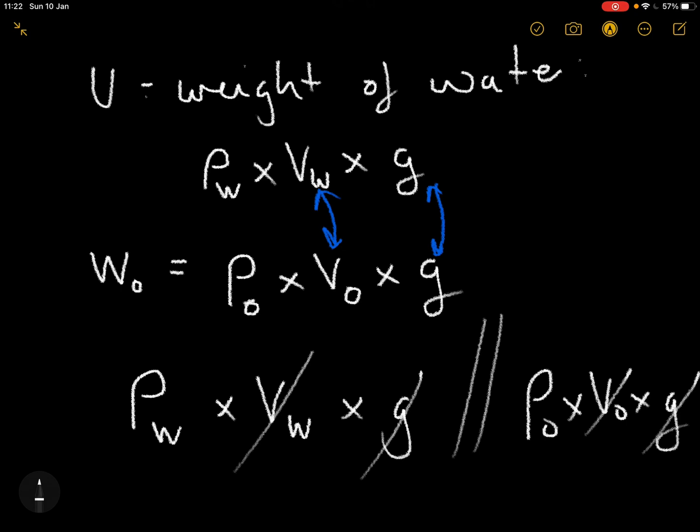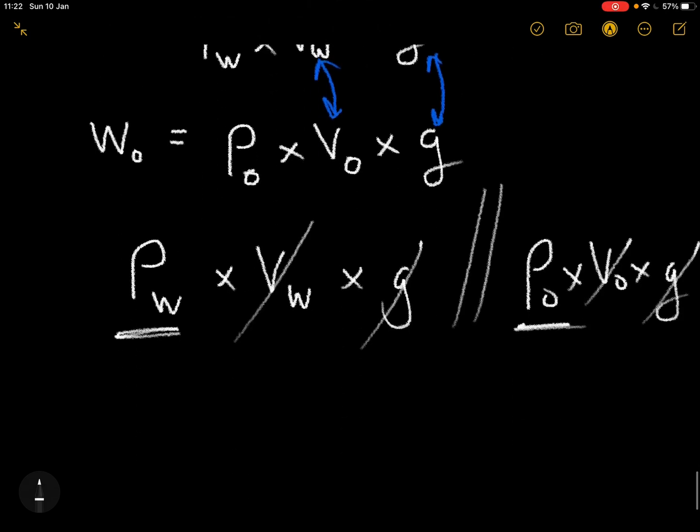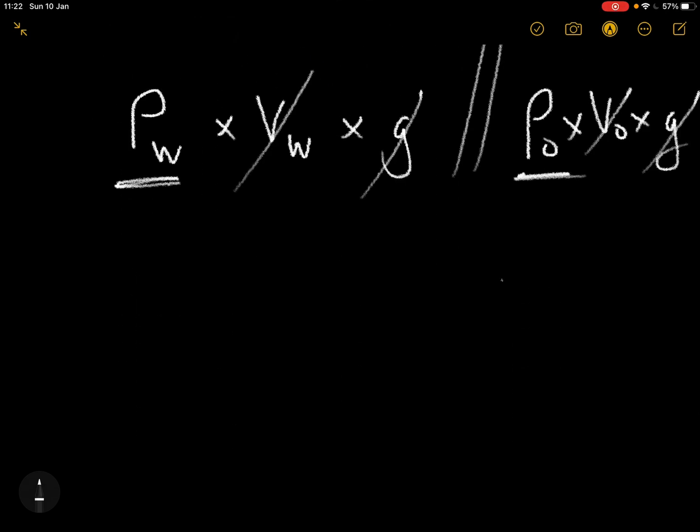If the density of the object is bigger, then the weight of the object will be greater than the upthrust, which means it will sink. So if this is the bigger term, you will sink. However, if this is the bigger term, you will float. And that is how we know whether things will float or sink, and why it relates to density. And there we go. Hopefully that makes sense.